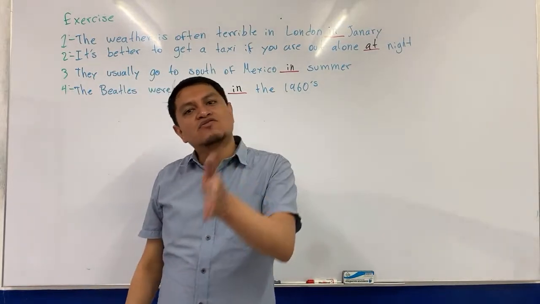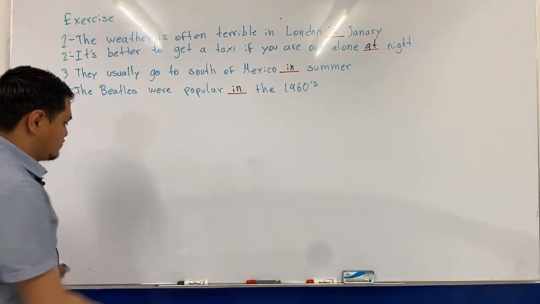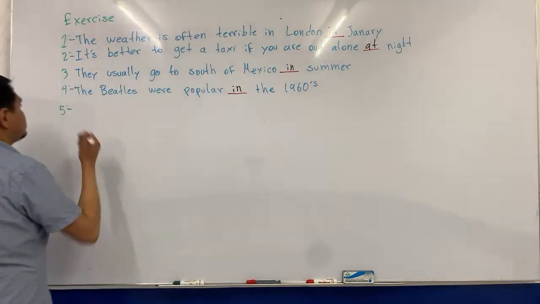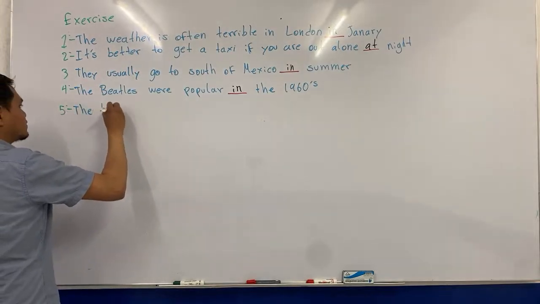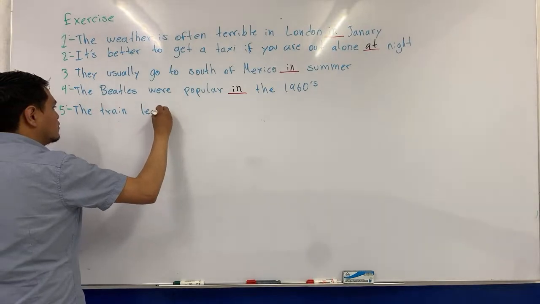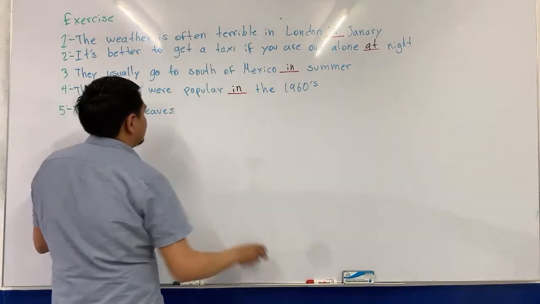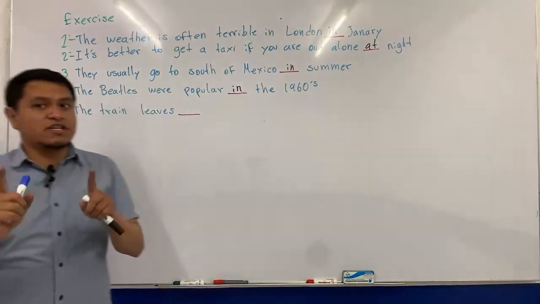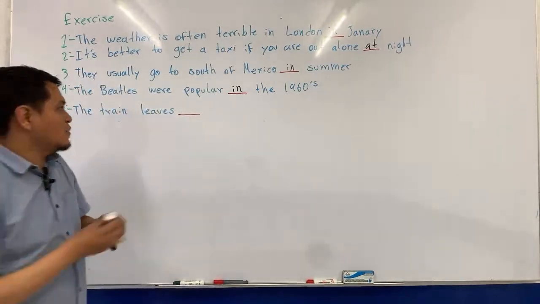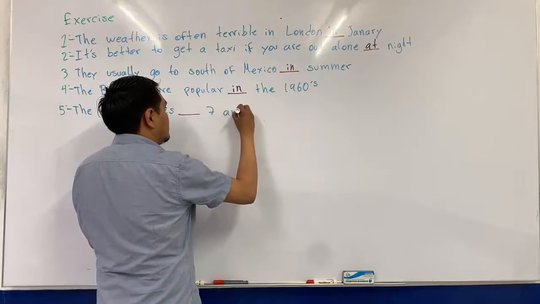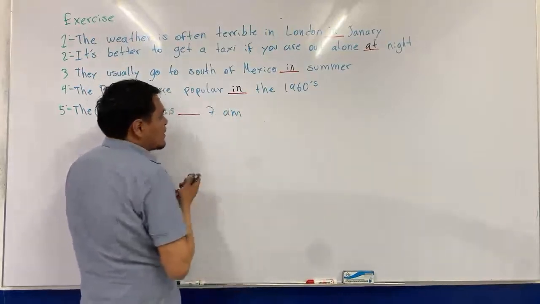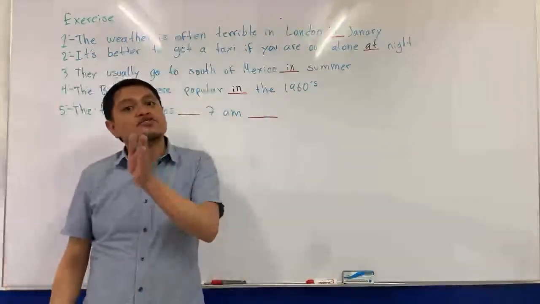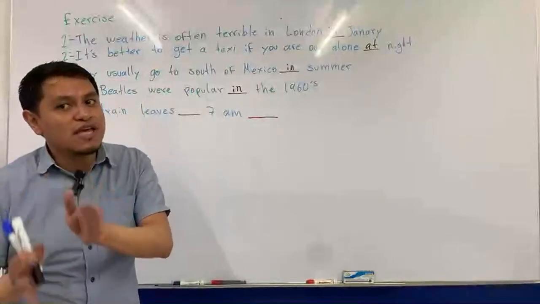The next, number 5. The train leaves blank 7 a.m. but another blank Tuesday morning.